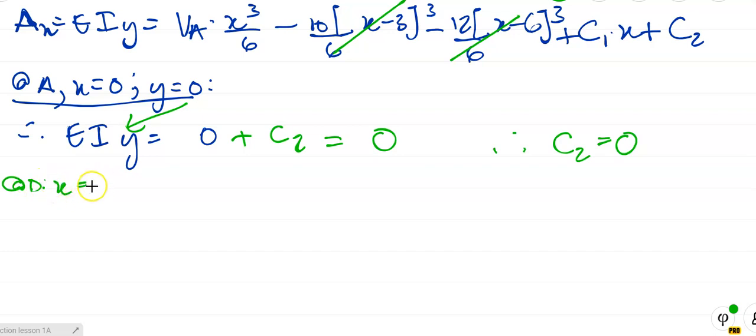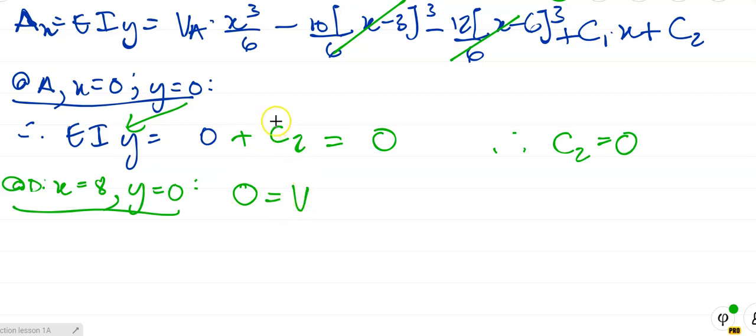And y is equal to 0 because there's no deflection over the support there. So we're going to put x equal to 8 into there, and of course that's going to be 0. So naught is equal to VA, I'll leave it as VA for now.